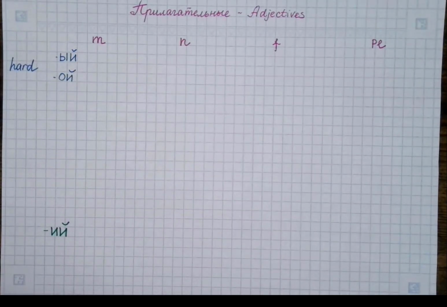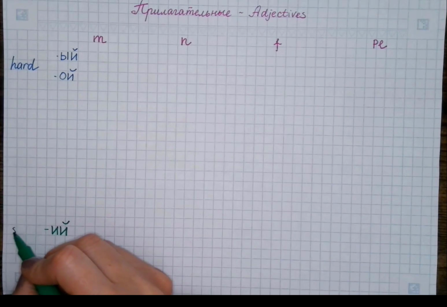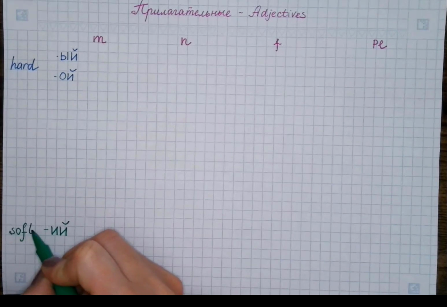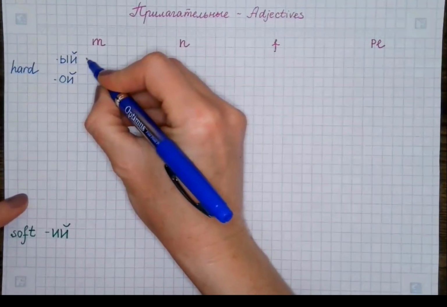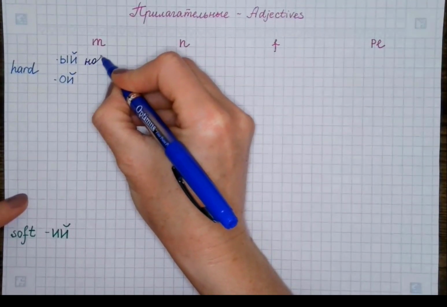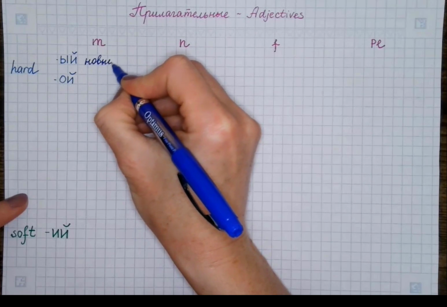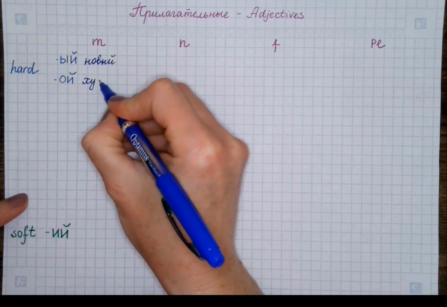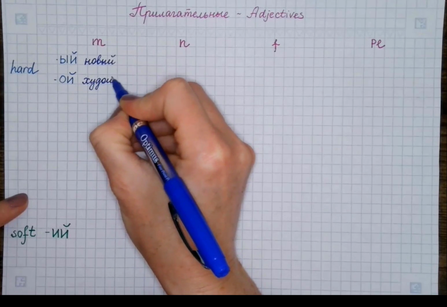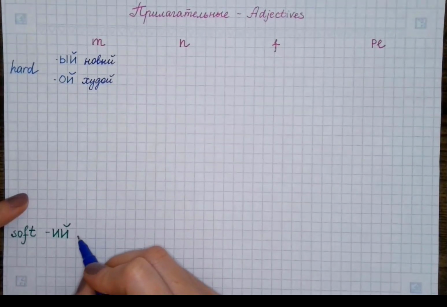And ий is a soft ending. Let's write our words here. Новый, худой, and синий.